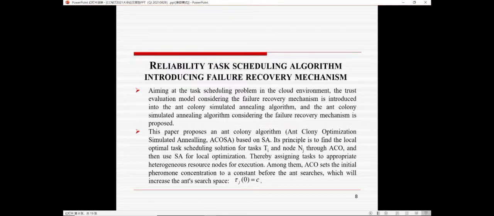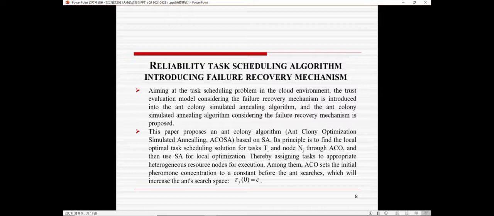The reliability task scheduling algorithm introduces the failure recovery mechanism. Aiming at the task scheduling problem in the cloud environment, the trust evaluation model considering the failure recovery mechanism is introduced into the ant colony optimization and simulated annealing algorithms.